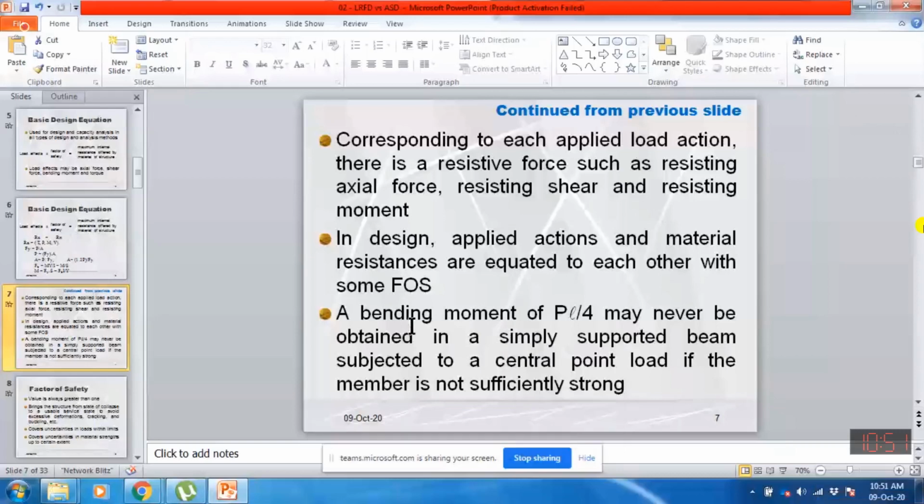Actually, we do not just want to select the shape. We also want to see that the material is stronger. This means that the structure should be strong enough to resist all the applied load safely. For example, if you buy coffee from the canteen in a disposable cup, the capacity of the cup is 250 ml.